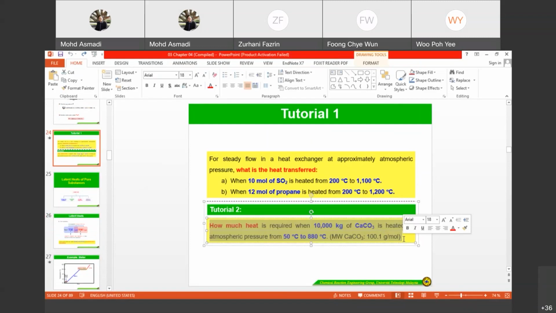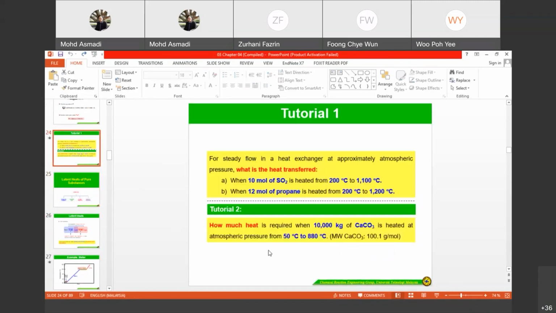Give me the answer for tutorial 2. If you look at here, how much heat is required when 10,000 kilogram of CaCO3 is heated at atmospheric pressure from 50 degrees C to 880 degrees C?